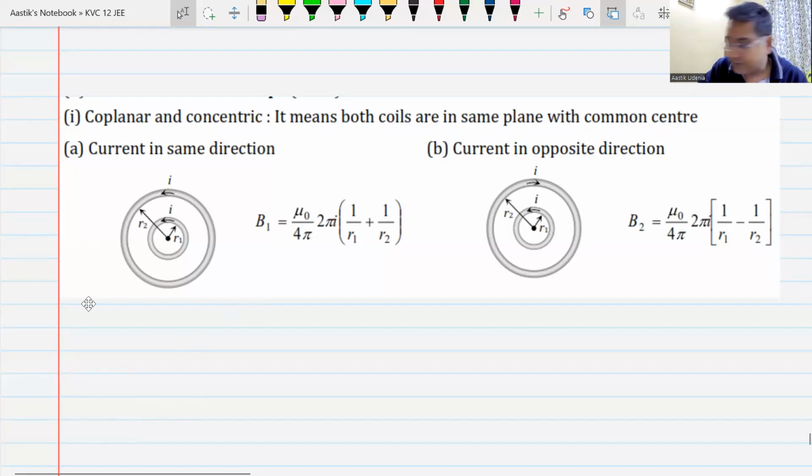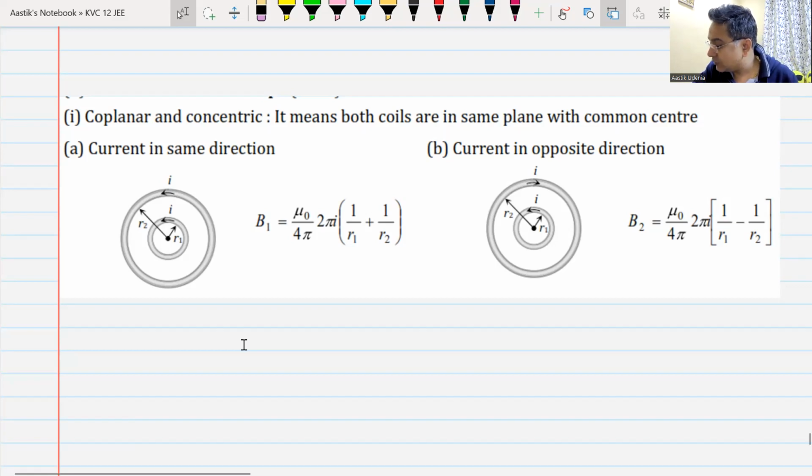Wait, let me finish my discussion. If you have non-coplanar coils, and this question I have seen in a very recent JEE, if they are non-coplanar and concentric, then you can have this result.